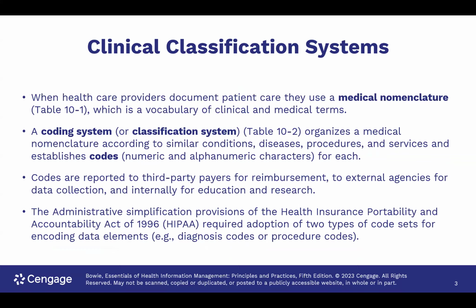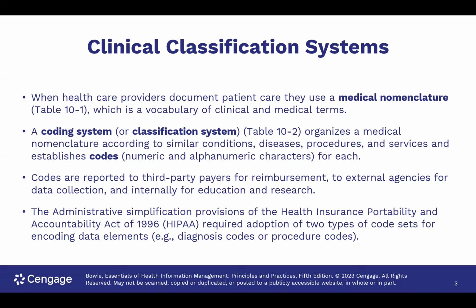When healthcare providers document patient care, they use medical nomenclature as described in Table 10.1. This is a vocabulary of clinical and medical terms. This is different than a coding or classification system. This organizes medical nomenclature according to similar conditions, diseases, procedures, and services, and has codes.